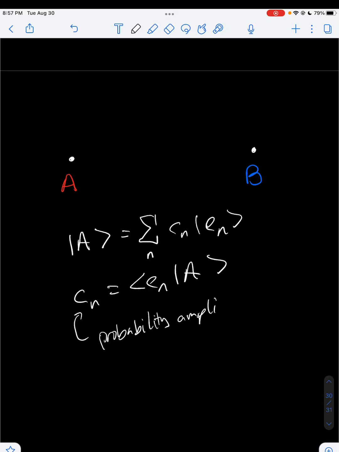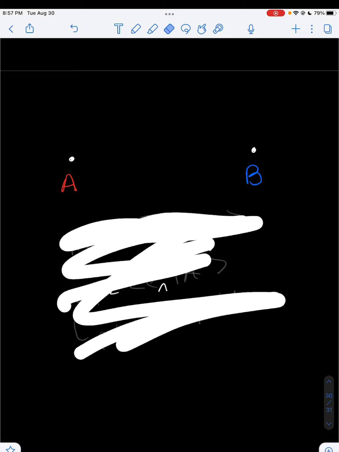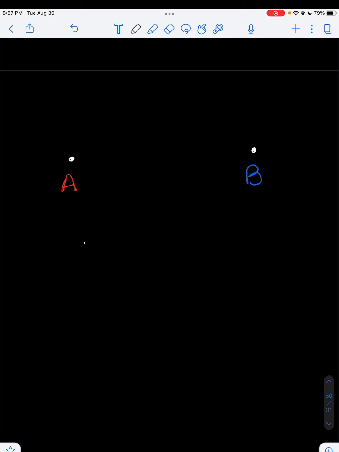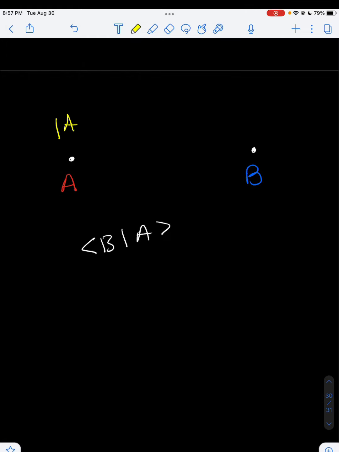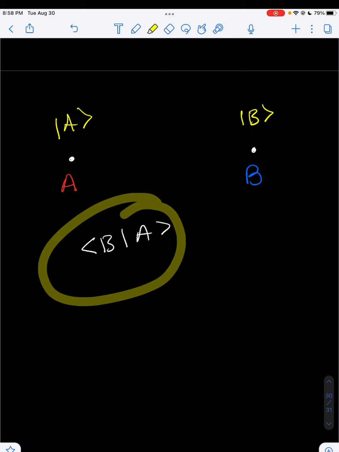So basically, the probability is going to be the inner product of the states B and A, where the state vector A is the position eigenstate at point A, and ket B is just the position eigenstate for a particle at point B. So we have to calculate what this is going to be, and bam, we have our answer.